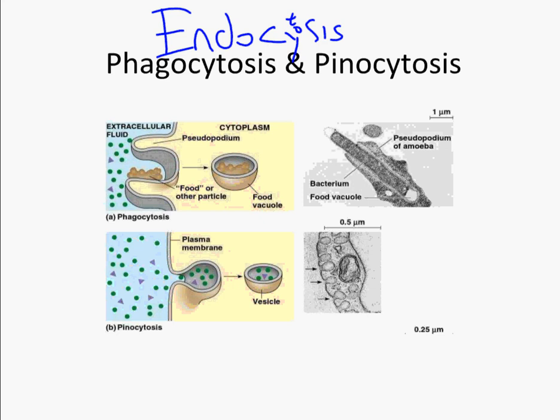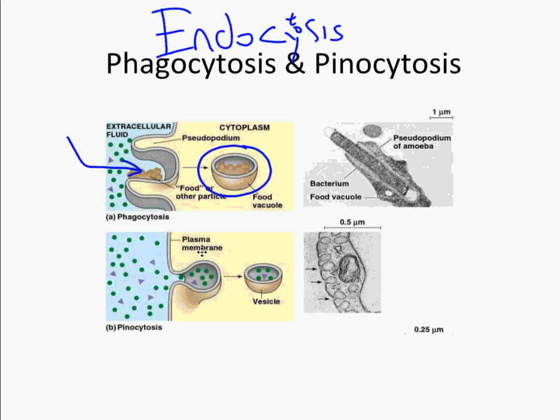They are taking a large particle in, food with phago, meaning cell eating, pino, cell drinking, liquid, creating this little vacuole out of the cell membrane itself, kind of pinching off, and then that material will be used by the cell somehow, probably combined with a lysosome and broken down further.